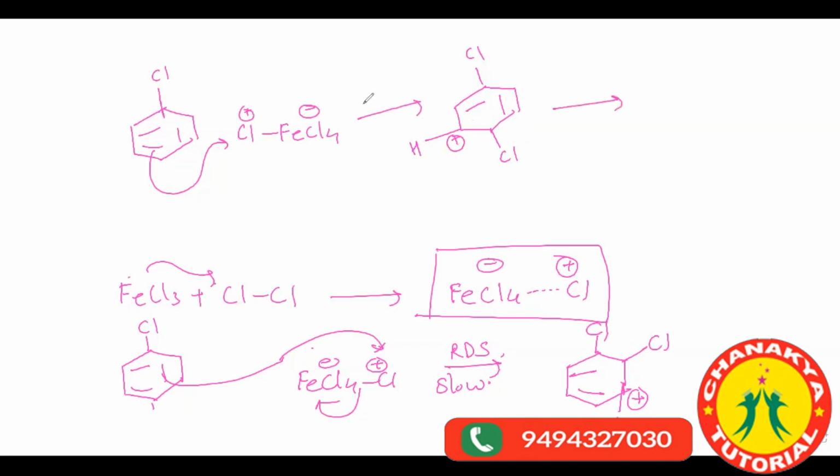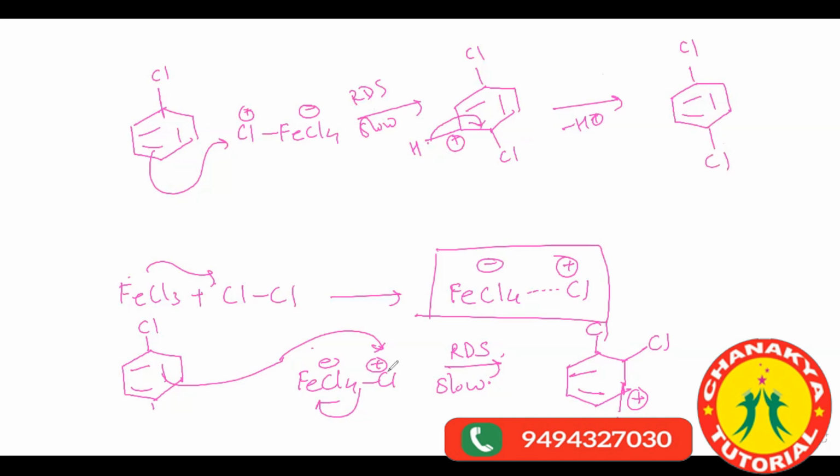This is the slow RDS, the slow step. And here minus H plus would be removed, forming a double bond, right? And you will get the para derivative of dichlorobenzene, Cl and Cl. In this way, your product would form, right?